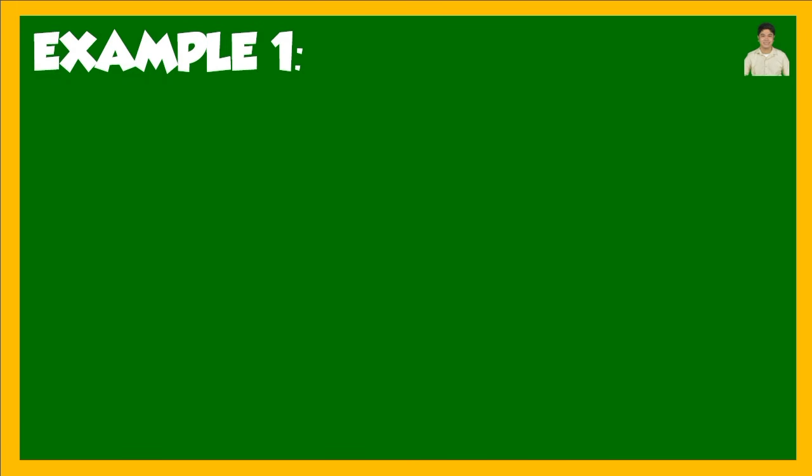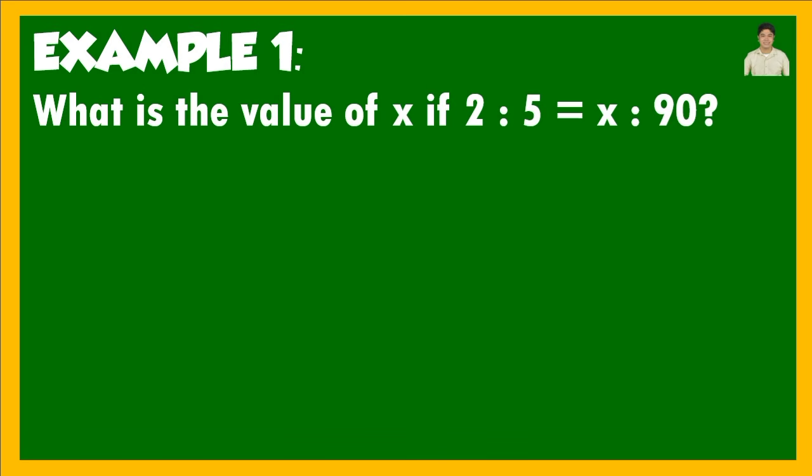So, let's have an example para maintindihan nyo kung ano ba yung direct proportion na yan. For the first example, what is the value of x if 2 is to 5 is equal to x is to 90? So, we're looking for the value of x. Missing term nga kasi yung ating discussion. So, paano natin ipapakita yung solusyon natin dyan?